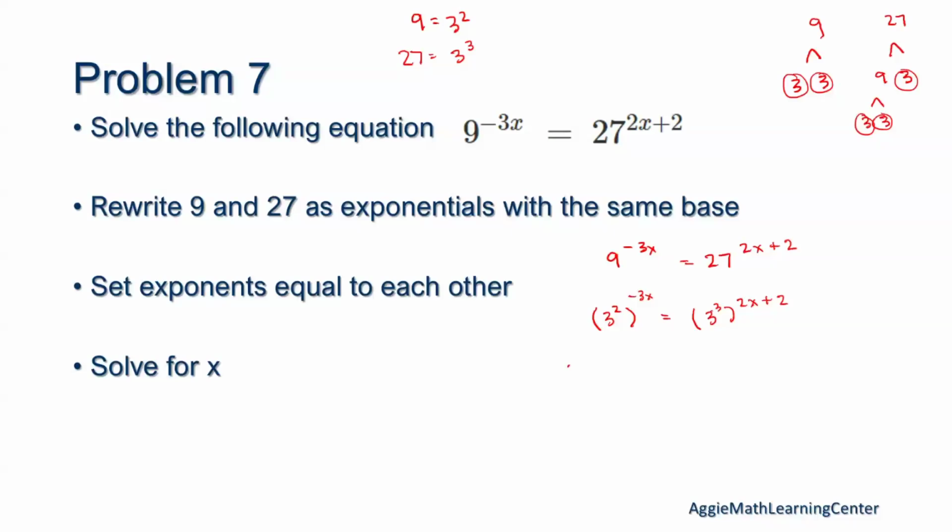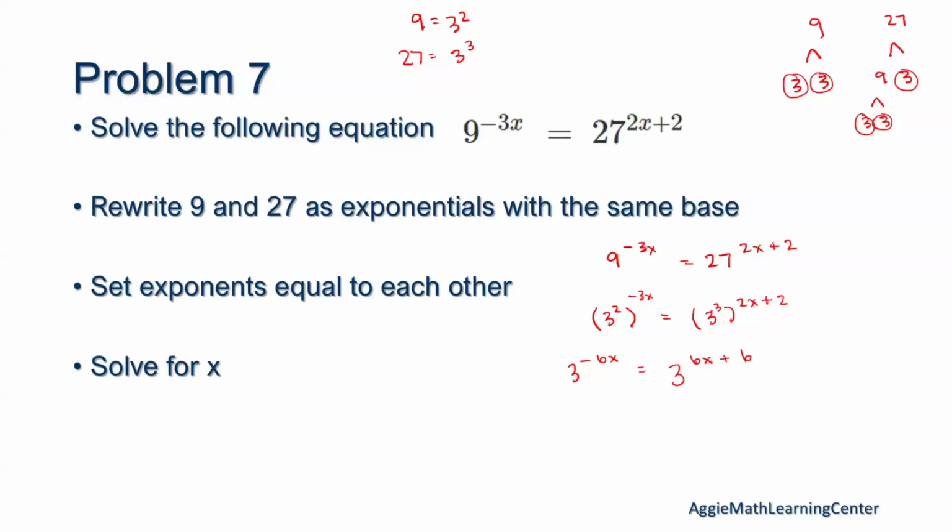So we're going to get 3, and then we multiply 2 by negative 3x. I'm so sorry, this is barely legible; I'll try and write bigger. This side will have a base 3, but now we multiply 3 by 2x plus 2. So we're going to get 6x plus 6.